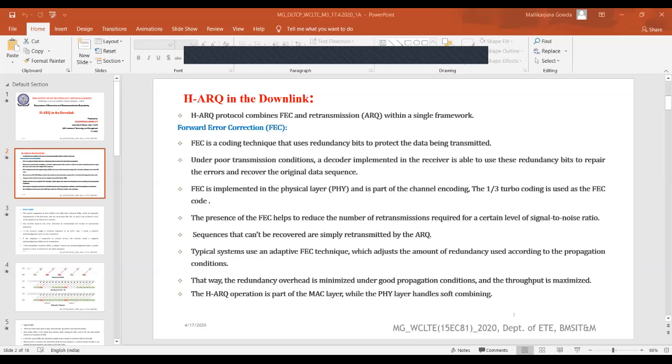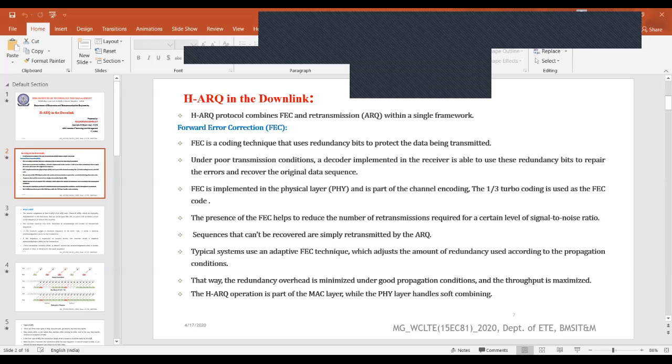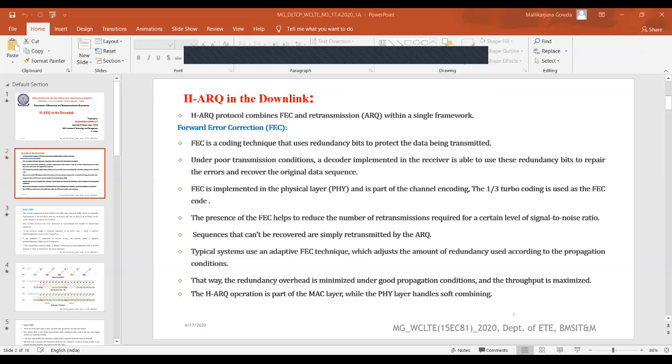It will adjust the amount of redundancy bits used according to the propagation conditions. With that, the redundancy overhead is minimized under good propagation conditions, and the throughput will be maximized.